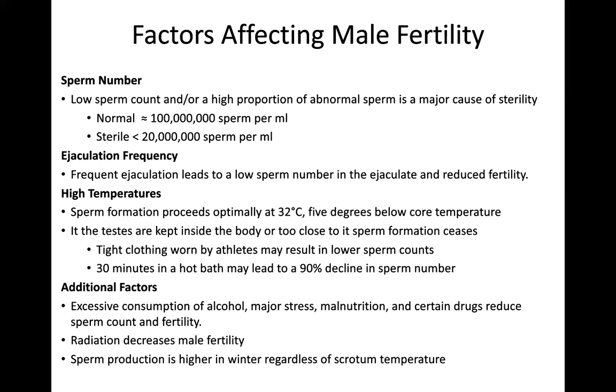That can happen when a man wears tight clothing, like tighty whities, as they say, which reduces the sperm count in men. Spending just 30 minutes in a hot bath or a hot tub can lead to a 90% decline in sperm number. But obviously, if they get out and cool off, then they're going to ramp that production of sperm back up.